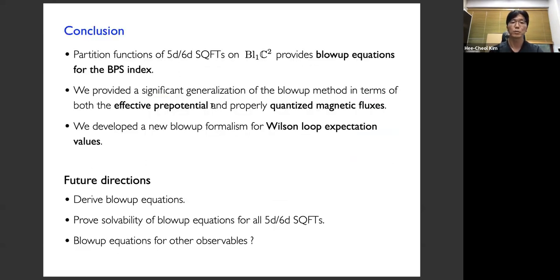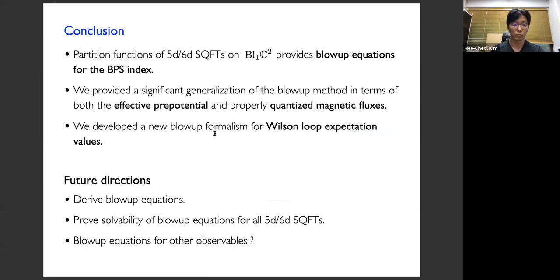Okay, let me conclude. As I said, the partition function of 5D QFTs in the Omega background provides blowup equations for the BPS spectrum. We provide a significant generalization of this method in terms of effective prepotential and quantized magnetic fluxes.